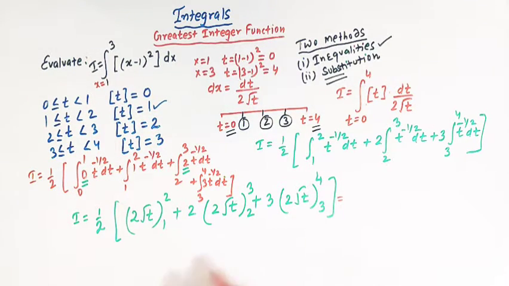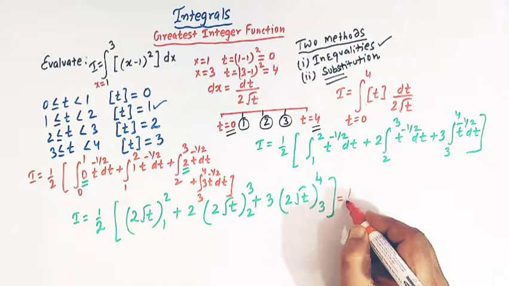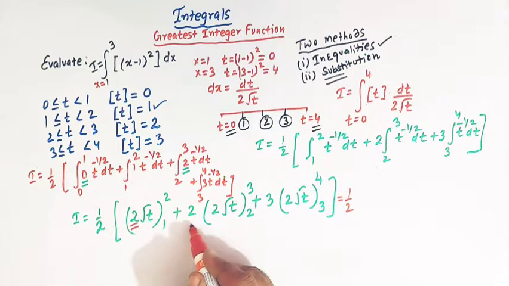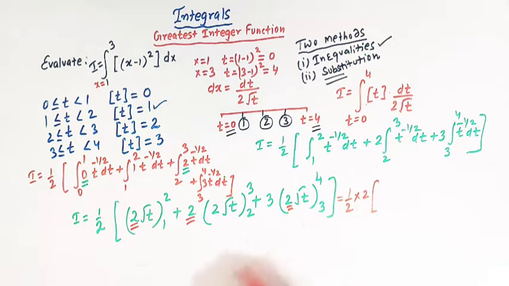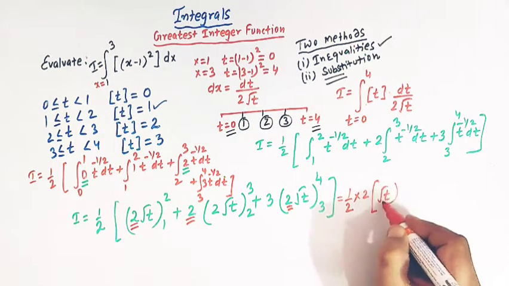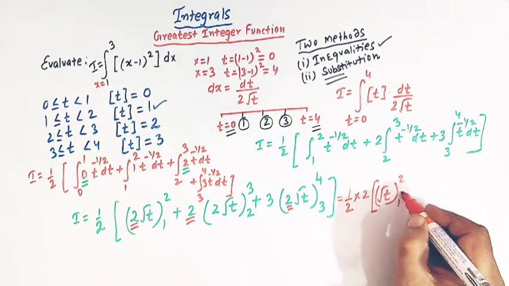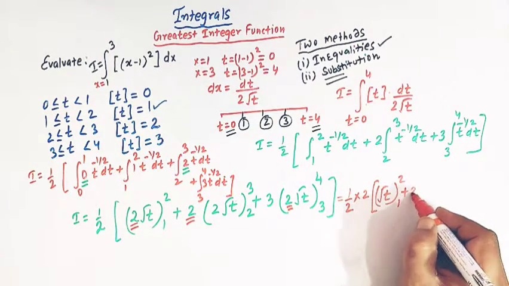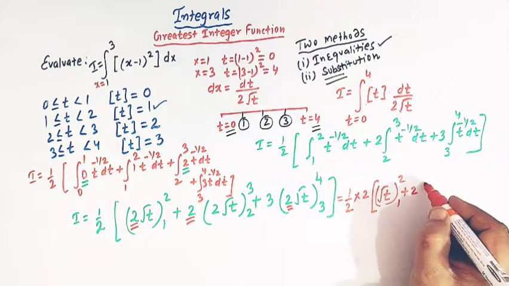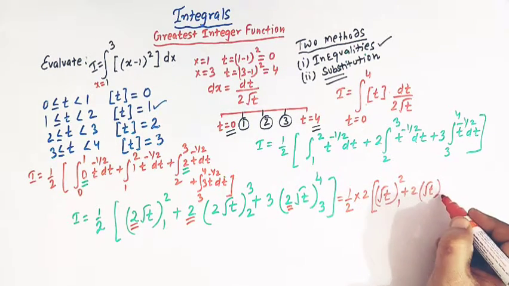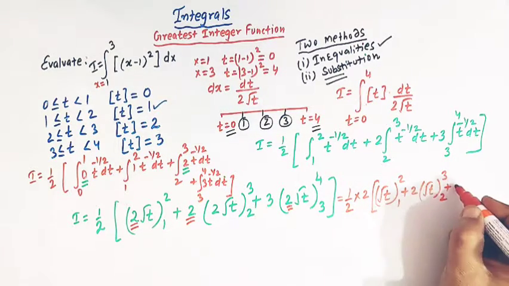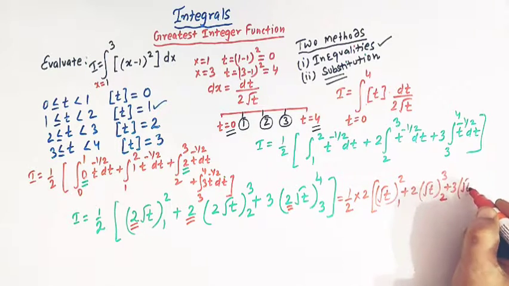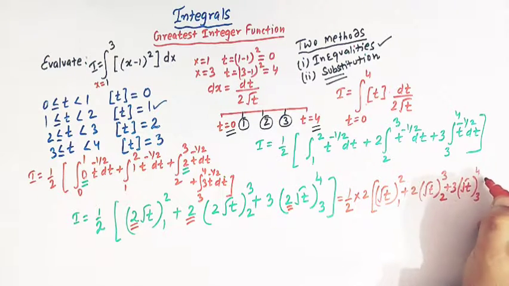So now we can write this expression as half, and taking this 2 common, we have 2 times the square root of t, limits from 1 to 2. Then this 2 is left here, with root t and limits from 2 to 3, and then 3 times root t with limits from 3 to 4.